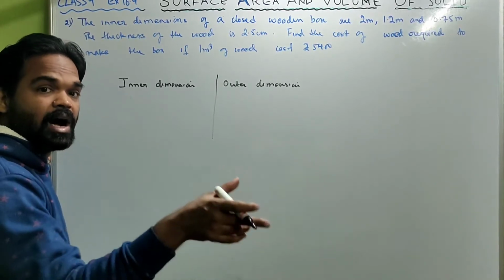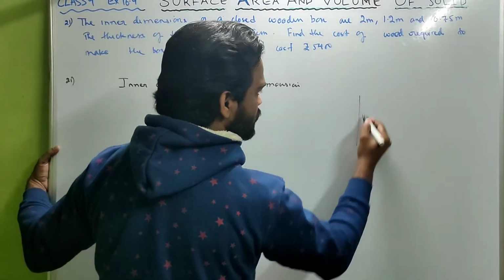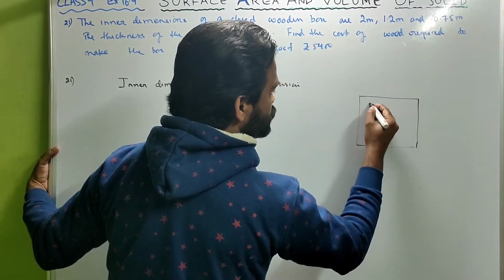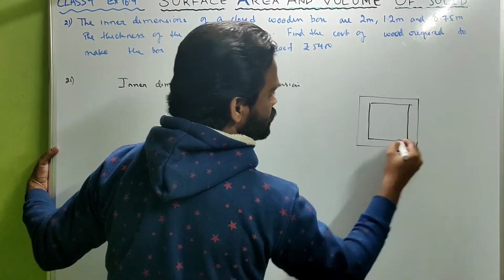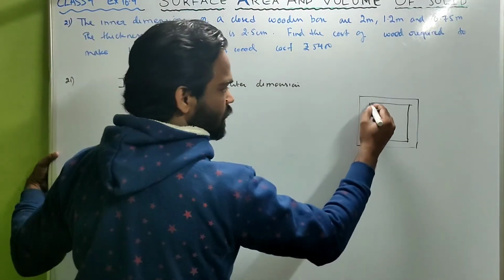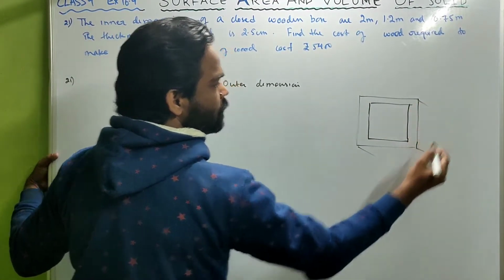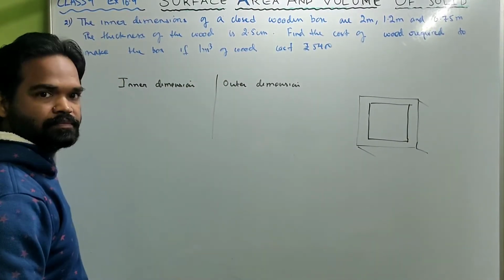Inner dimension and the outer dimension. Just imagine, which is something like this. If you see the top portion is something like this, isn't it, of the box? So there is inner dimension and there is outer dimension. Am I clear or not? It's closed. I've shown you an open box.